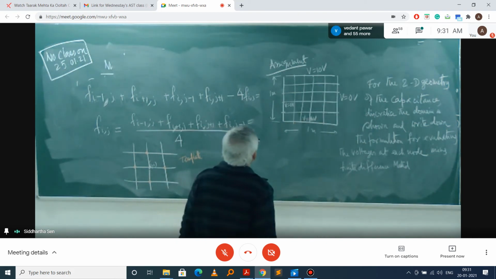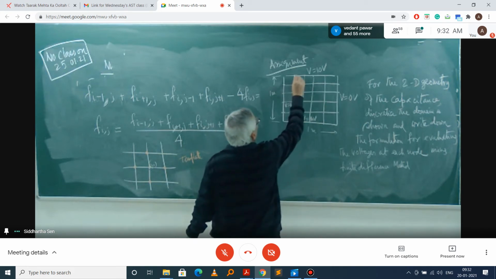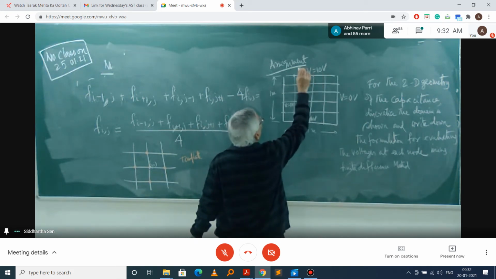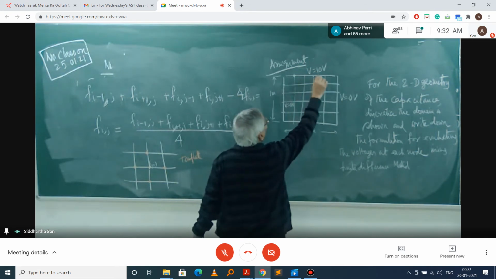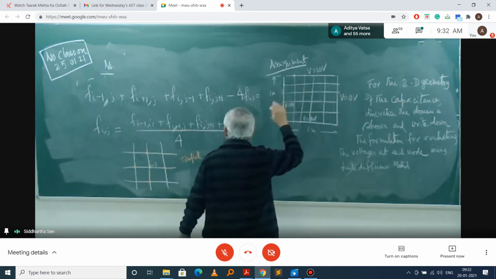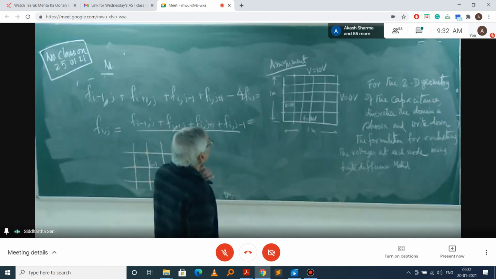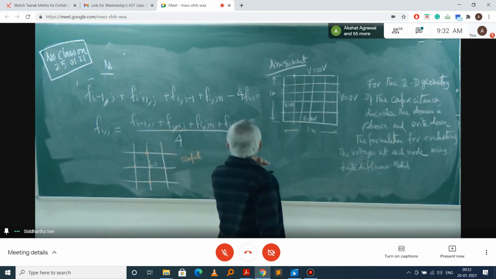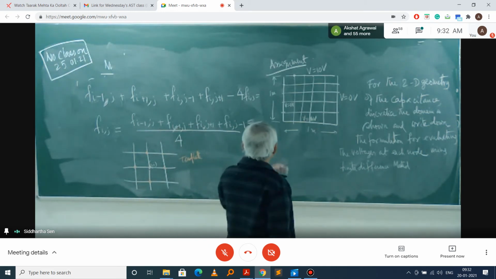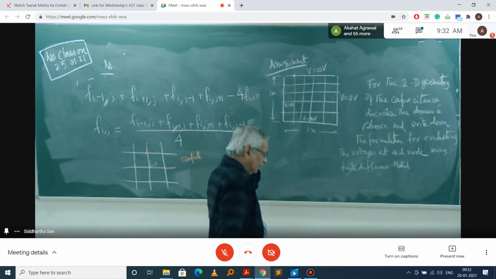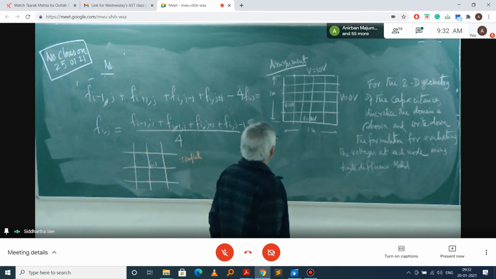So you can see that this voltage is 0, this voltage is V, 10 volt. And similarly, for each point I can get this sort of equation there. And now those voltages which are known, I can take out as known values, and so formulate basically a set of linear algebraic equations from which the unknown values can be found.